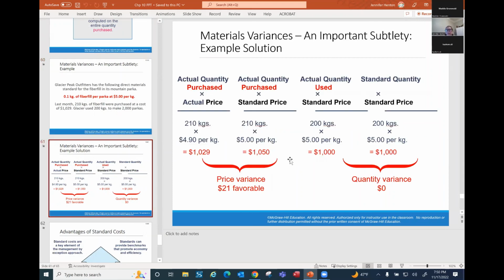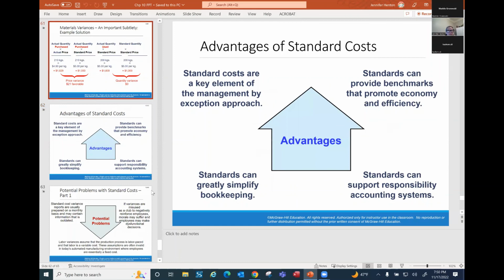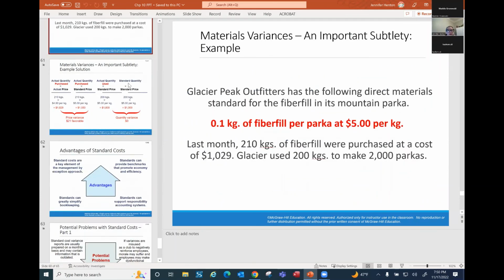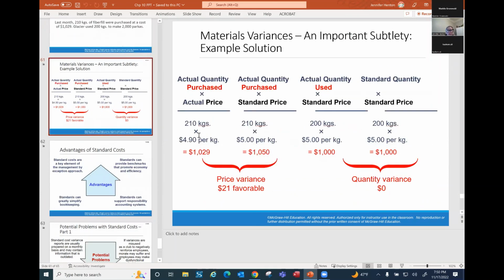All right, so we're looking at it broken out, and we calculated this number, this 4.90, out earlier. So we have the 210 that was given to us. Let me see if it tells you how to calculate it. It does not. But what you have to do is look at the example in order to come up with this 4.90.